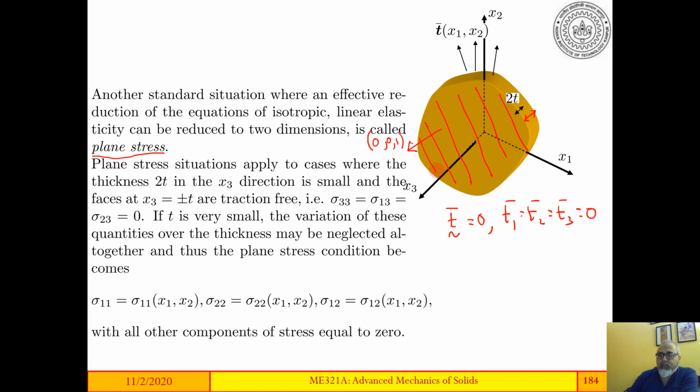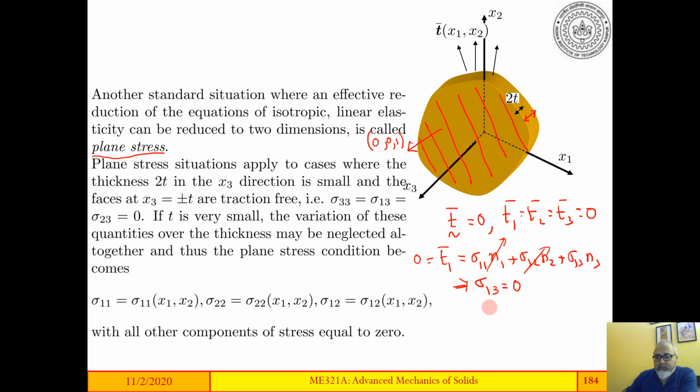So right next to this point, if the Cauchy relations are satisfied, you must have T1 bar equal to sigma 1 1 n1 plus sigma 1 2 n2 plus sigma 1 3 n3. Now, for this plane, only n3 is 1, so this is 0, this is 0, and T1 bar is also equal to 0, which implies that sigma 1 3 right next to the point where you're taking the normal is equal to 0.